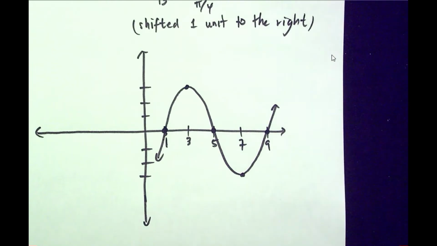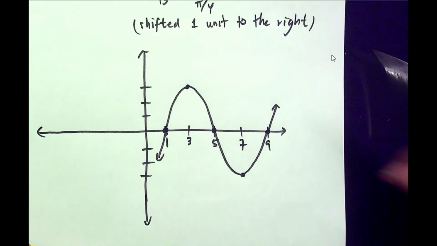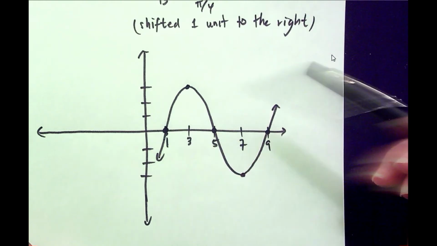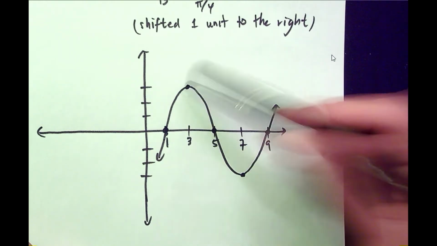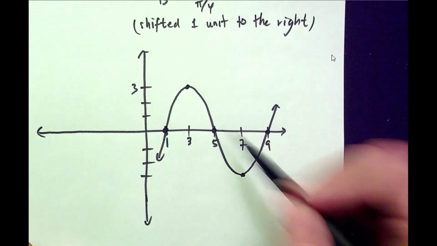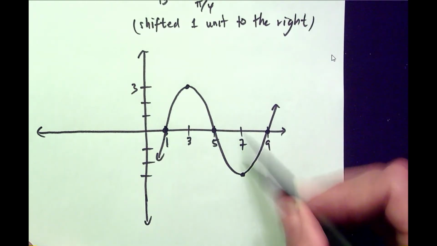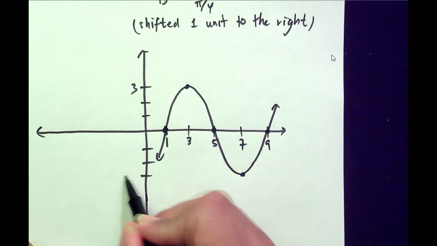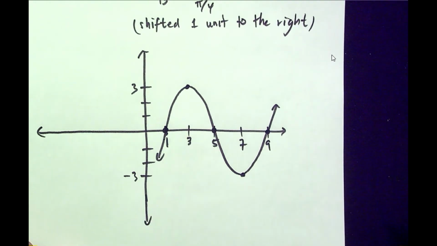Now, when you're doing it on the homework, just make sure that you choose the graph that matches this perfectly. So at 1, it should be 0. At 3, it should be 3. At 5, it should be 0. At the 7 tick mark, it should be negative 3. And at 9, it should be 0. And that's it.